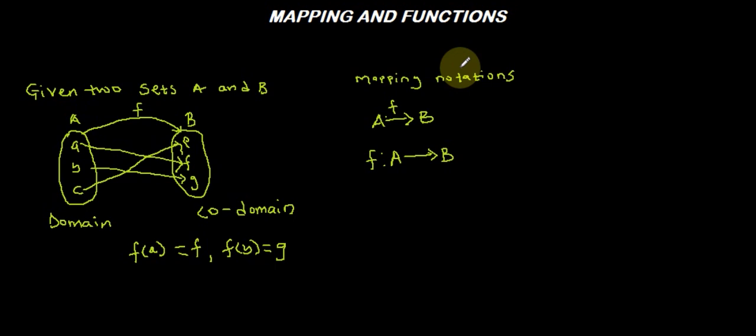We have E, F and G. So E, F and G is what we call the range of the given set. So range is usually the elements of the codomain, or we can say the image of the domain. Now let's move to the other term we have there, which is functions.